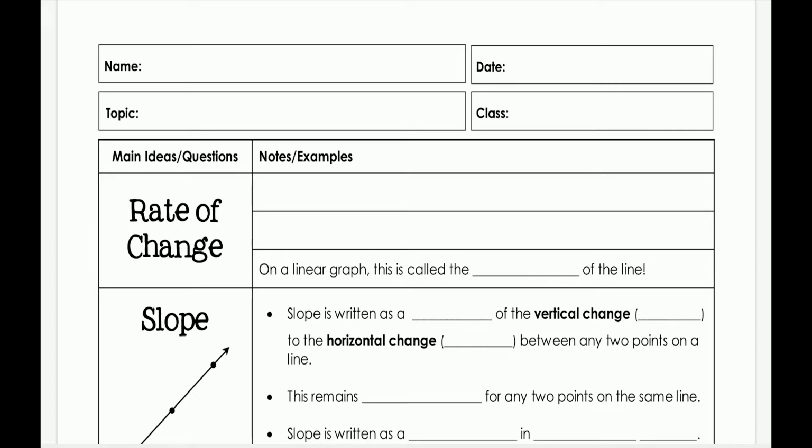So rate of change. Rate of change is a ratio that shows how one variable changes with respect to another.